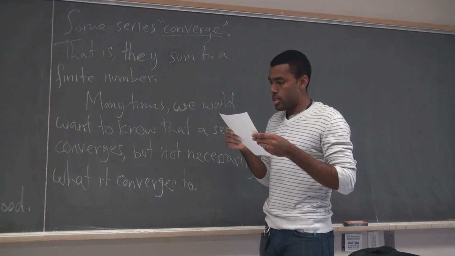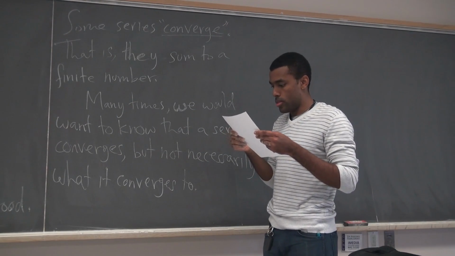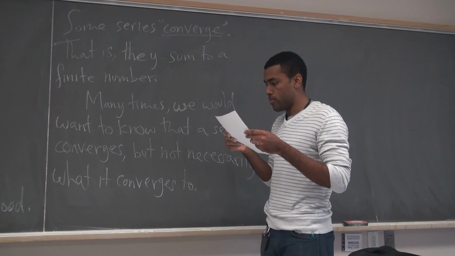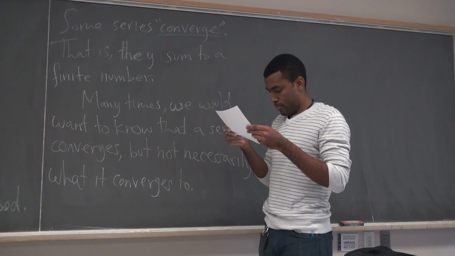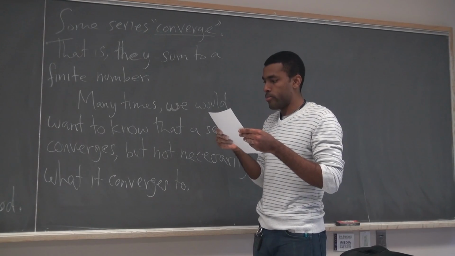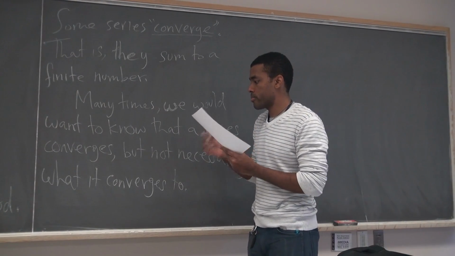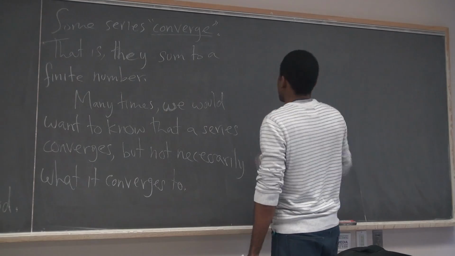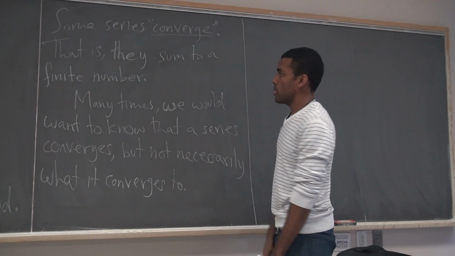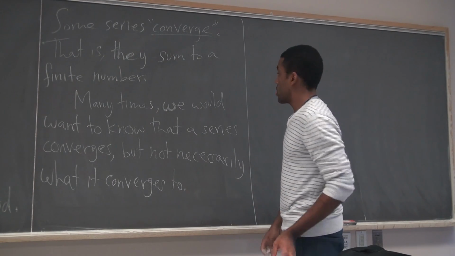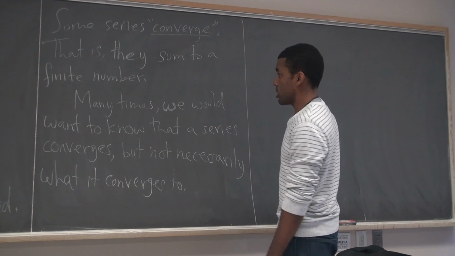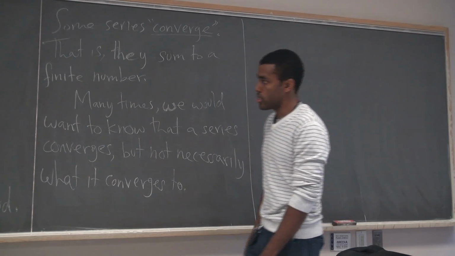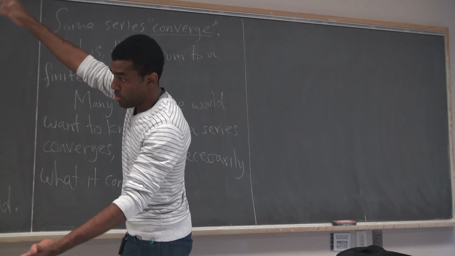Did I give the definition of what converges means specifically? So let's talk about partial sums and what it means for a series to converge, right? So basically these are what a series are: the sum of the terms of a sequence.